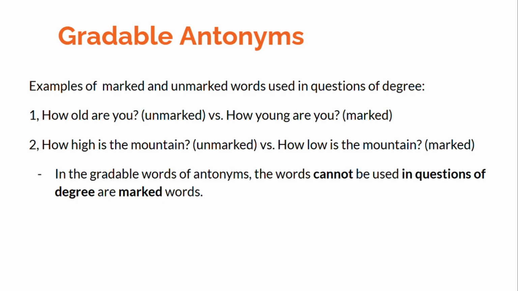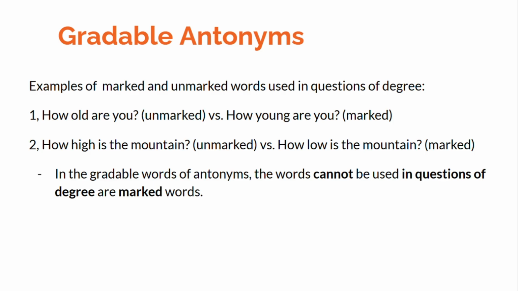Let's look at the second example. How high is the mountain versus how low is the mountain? So in the sentence, how high is the mountain? The word high refers to a whole spectrum of the highness, from the bottom to the highest. In the second sentence, how low is the mountain? The word low refers to a particular highness of the mountain. Can be middle low, bottom low, or upper low, right?